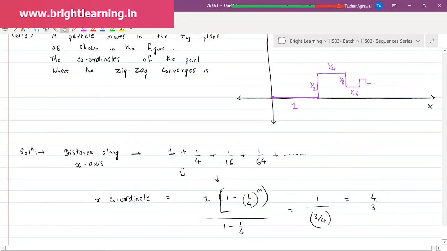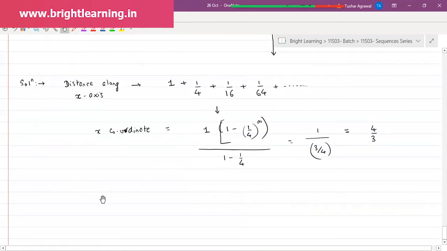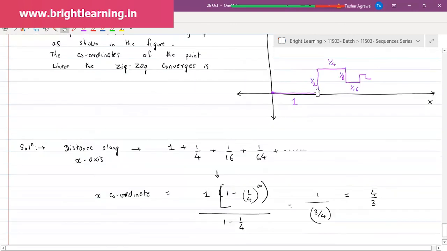Yes, sir. Now for the y coordinate there is a slight change, only a slight change. Distance along y axis. From the x axis, along the y axis here, he is going plus half, but then he's returning back 1/8.